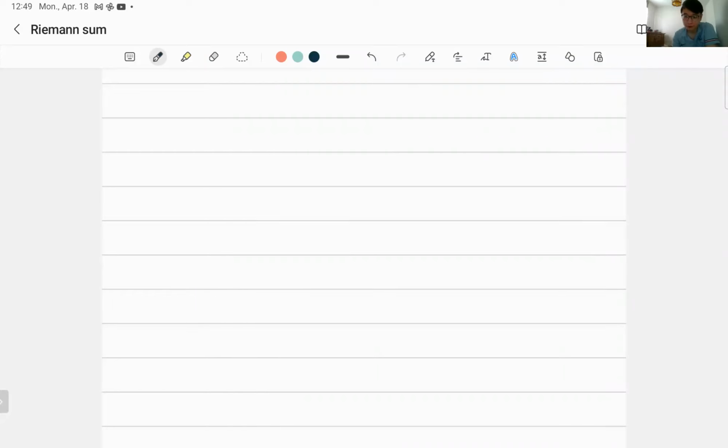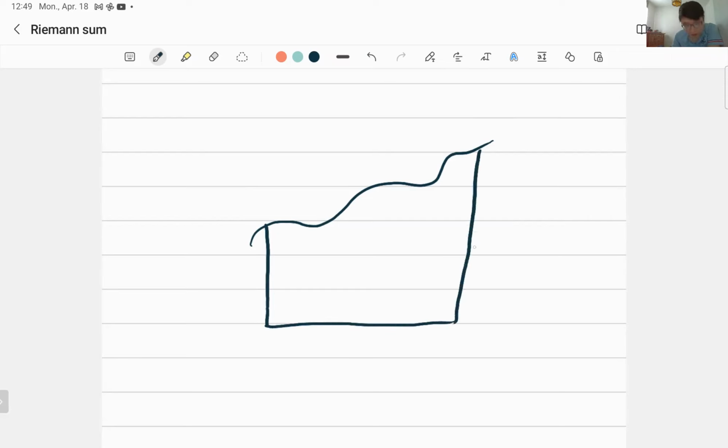Before we talk directly about the Riemann sum, let's make an introduction and see why we need it. Imagine I have an object that looks like this, with a shape like this. Let's make it even curvier.